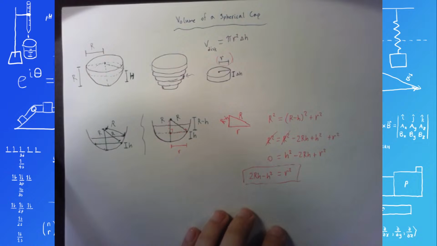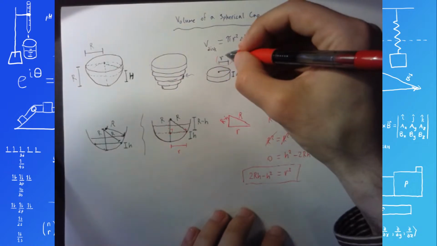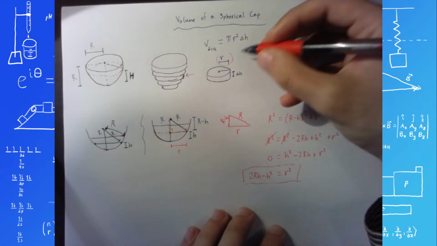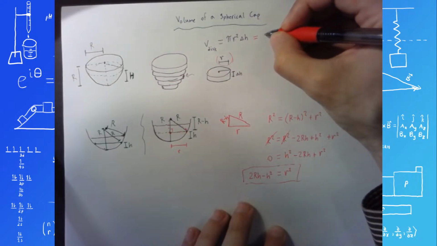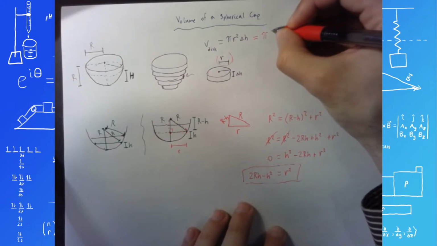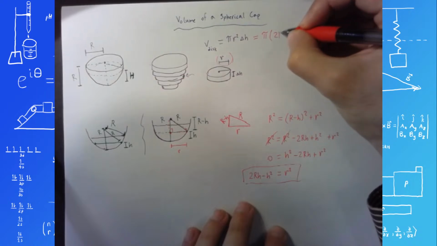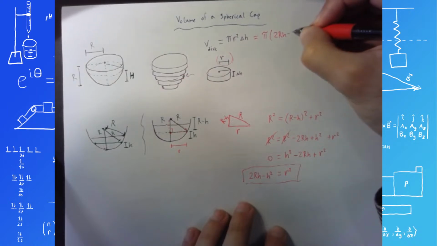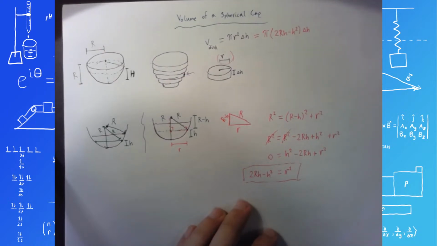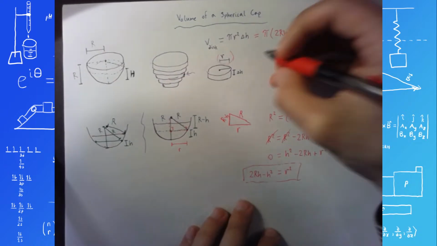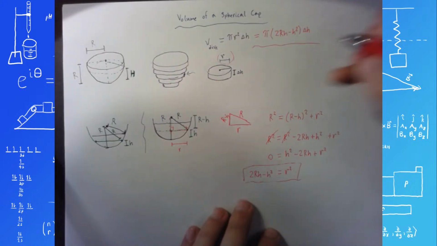Okay, and with this I can now rewrite r squared: the volume of an individual disk is pi times 2 big R h minus h squared, and then delta h. And I think I now have it.